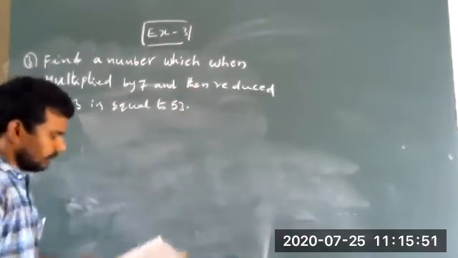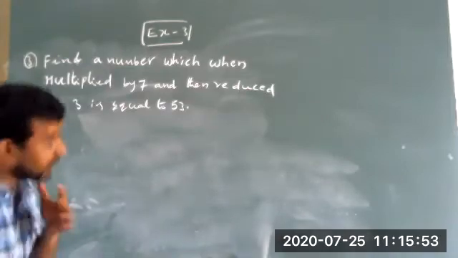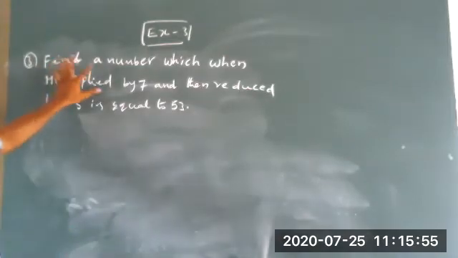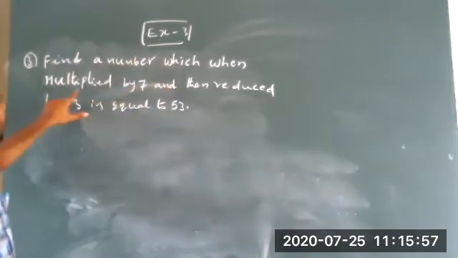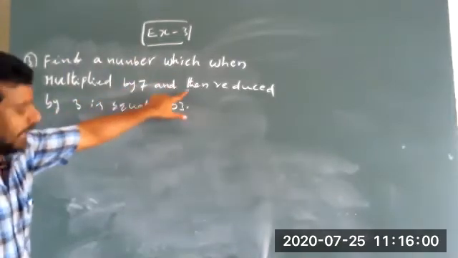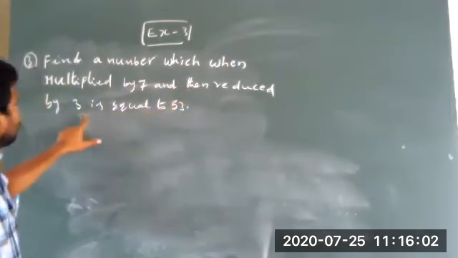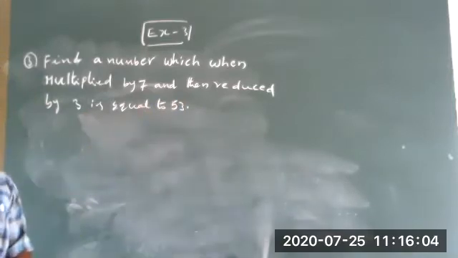To find the required number. See children, find a number which when multiplied by 7 and then reduced by 3 is equal to 53.